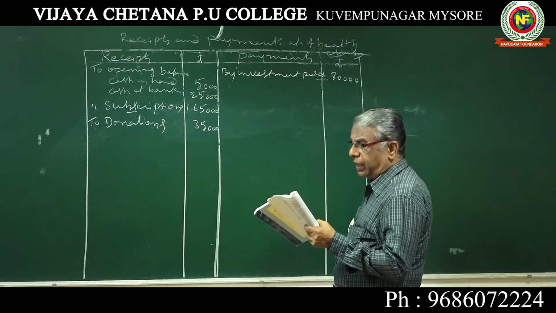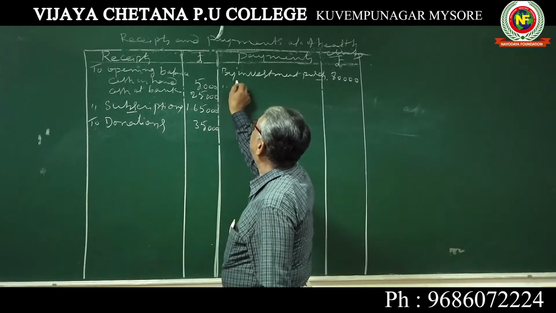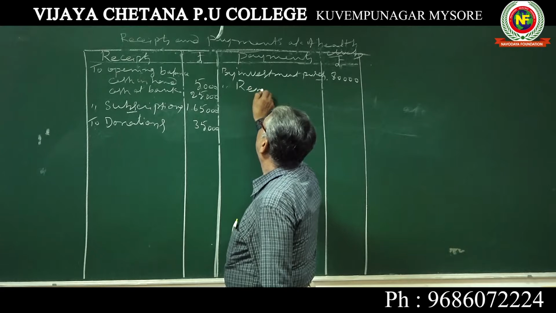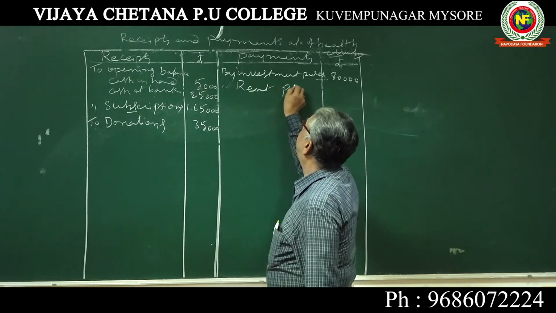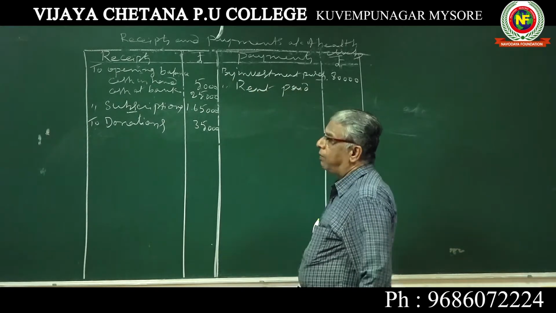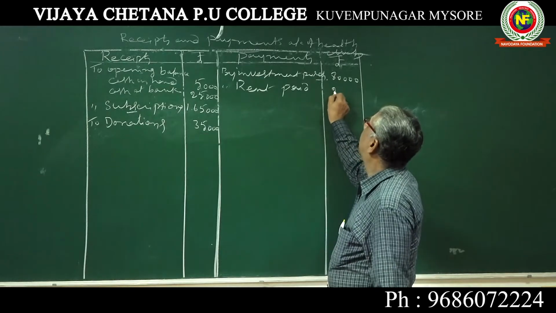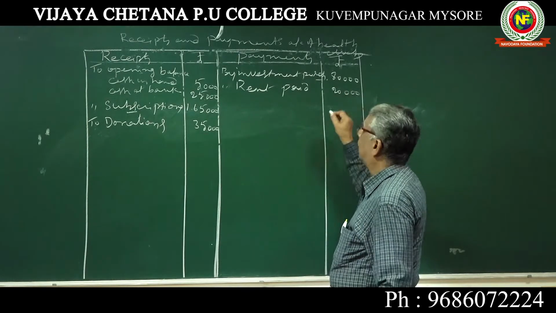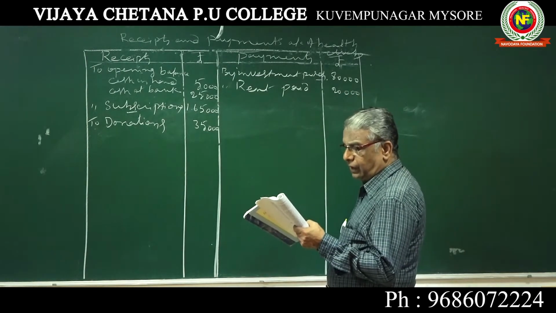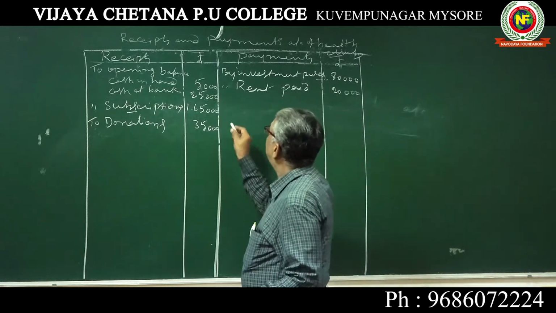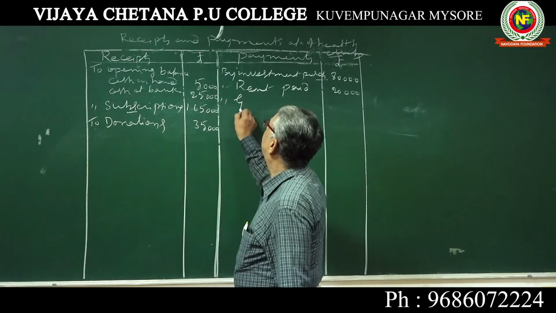Then rent paid is also an expenditure: by rent paid, 20,000.